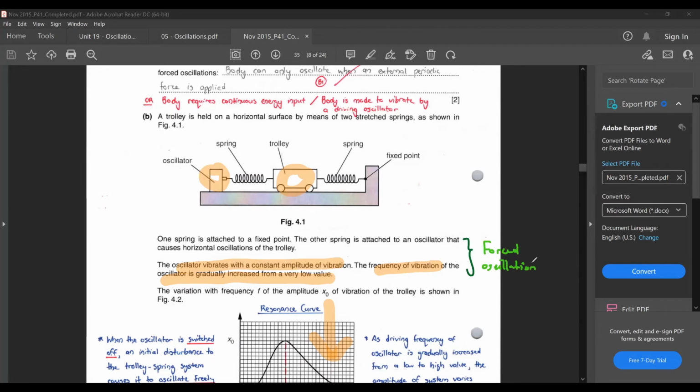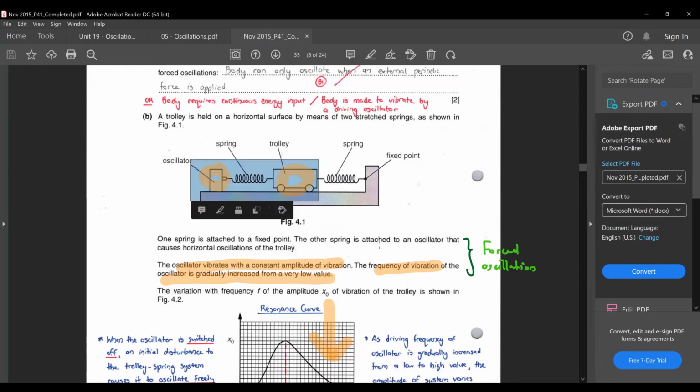It only oscillates so long as the oscillator applies a periodic driving force on it. So this case is still where your trolley is under forced oscillation.